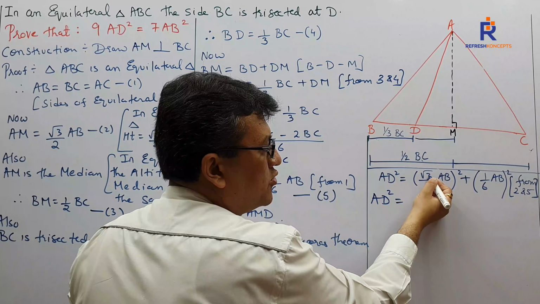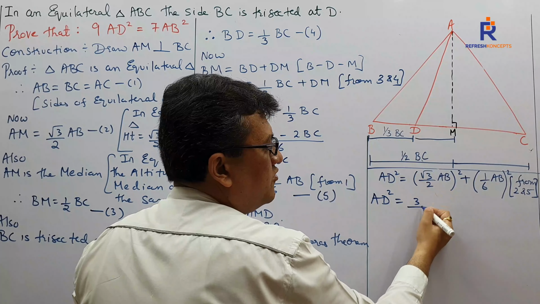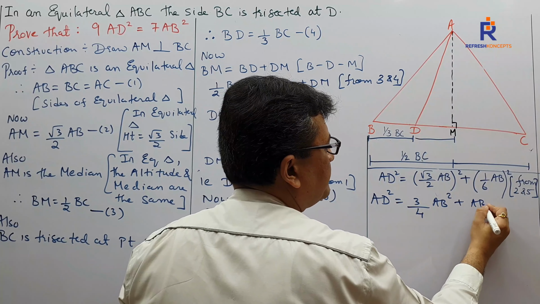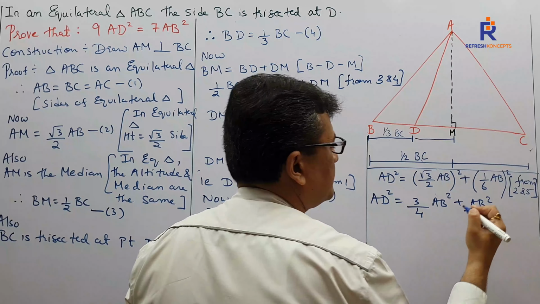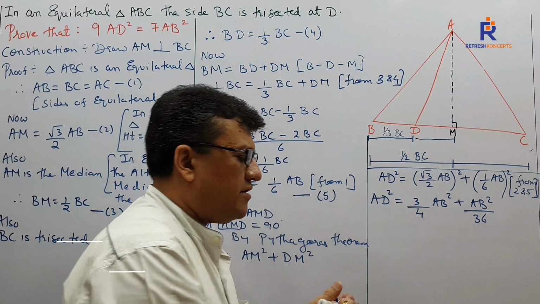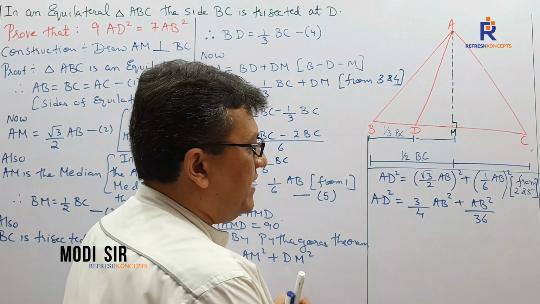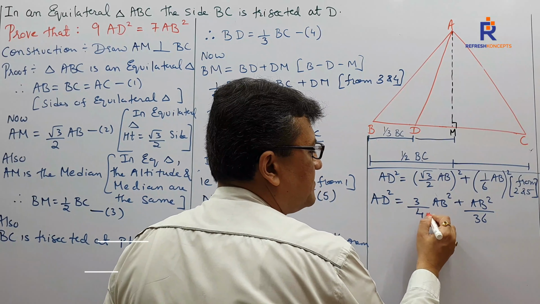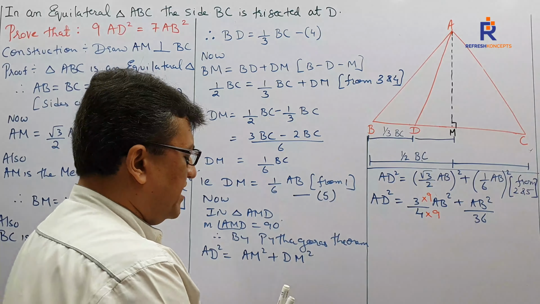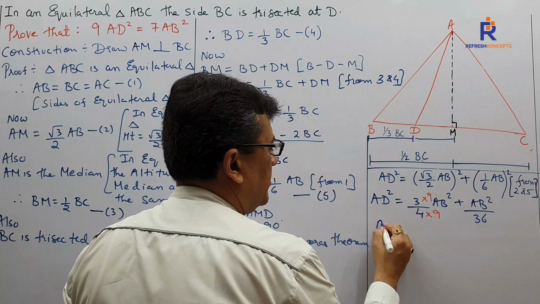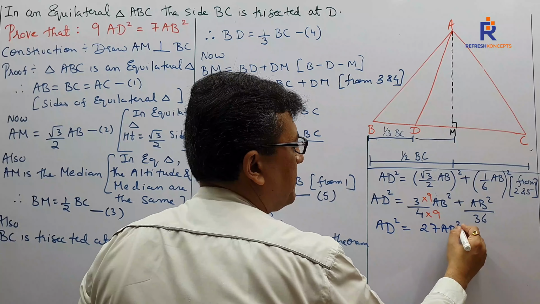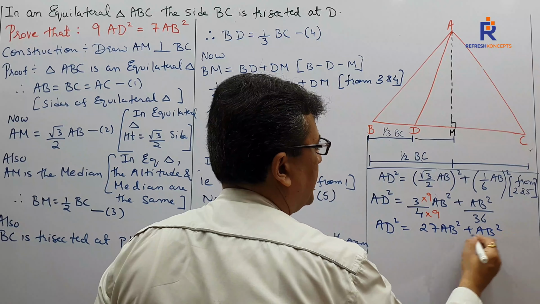AD square equals root 3 square, 3, over 2 square, 4, AB square, plus AB square over 6 square, 36. LCM of 4 and 36: multiply by 9 and by 1. So AD square is equal to 27 AB square plus AB square by 36.